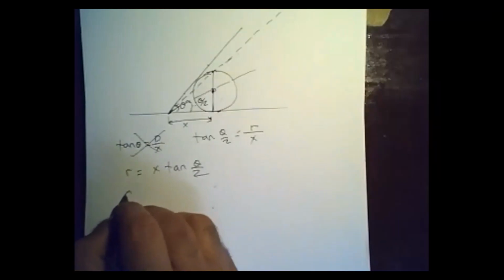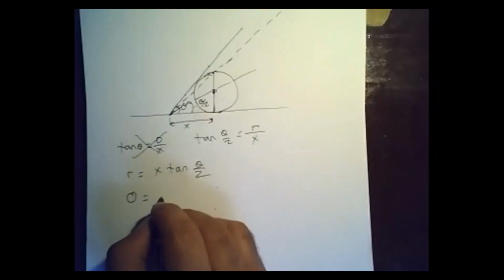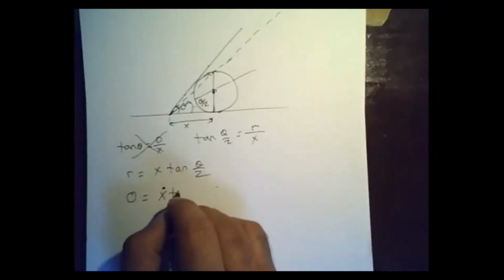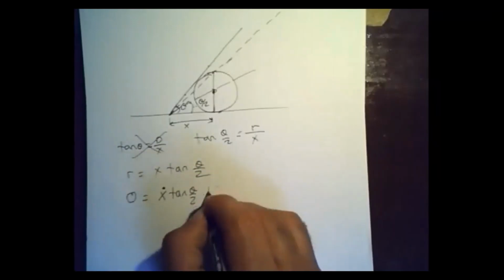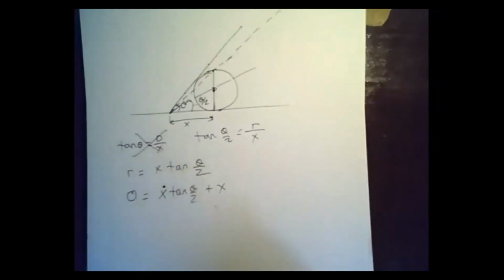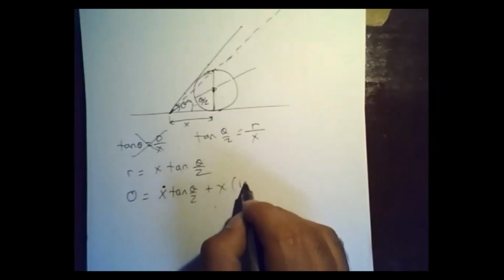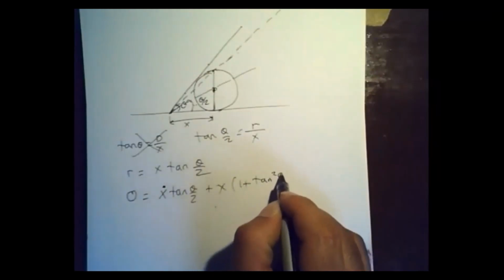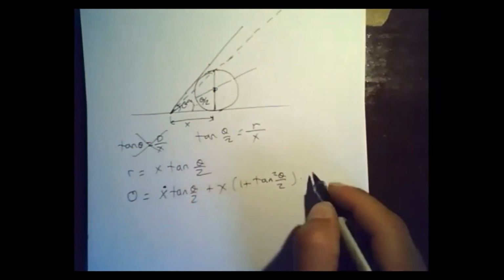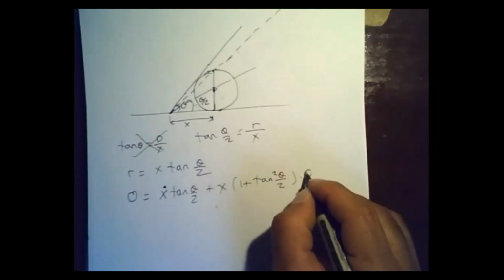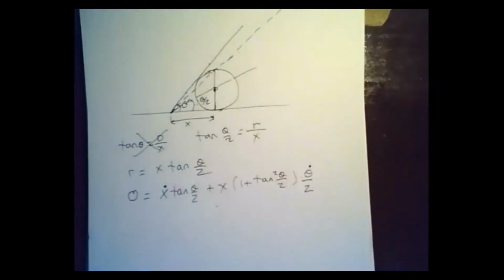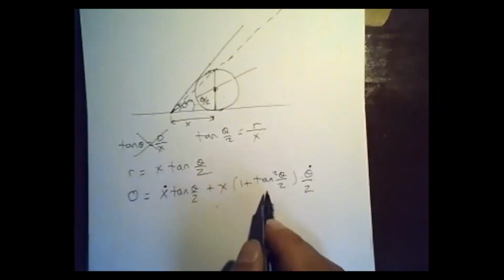0, right? So 0 is going to be equal to x prime tangent theta over 2 plus x times the derivative of tangent theta over 2, you all know, 1 plus tangent square theta over 2 multiplied by theta prime over 2, right? And we need this angular velocity, right? So how do I do that?